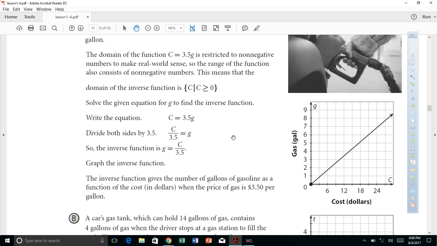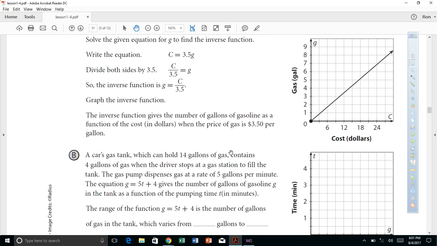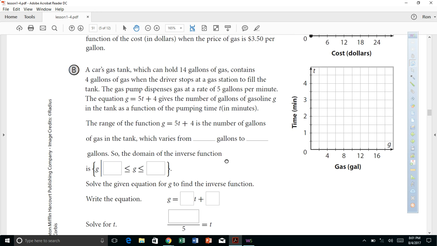You can't get a negative gallon of gas. So the range of the function also consists of non-negative numbers. This means that the domain of the inverse function is C such that C is greater than or equal to 0. So I'll let you finish that, and then we'll pick that up here on B.